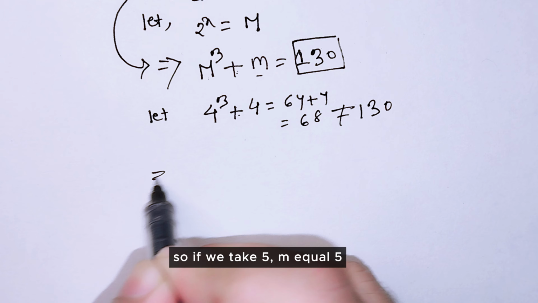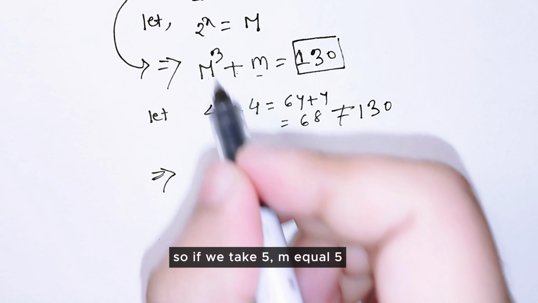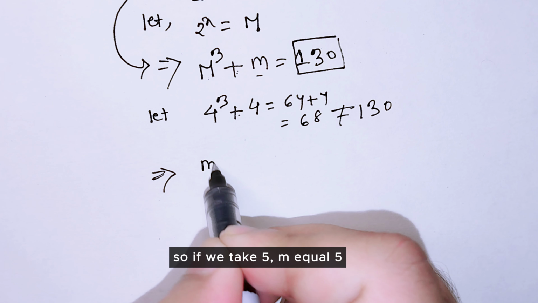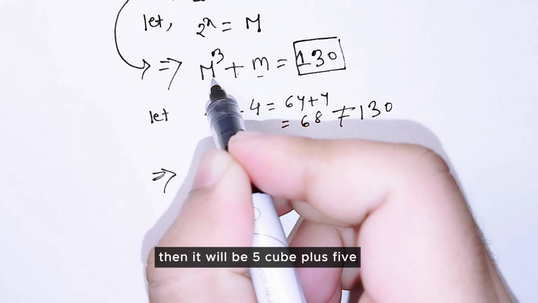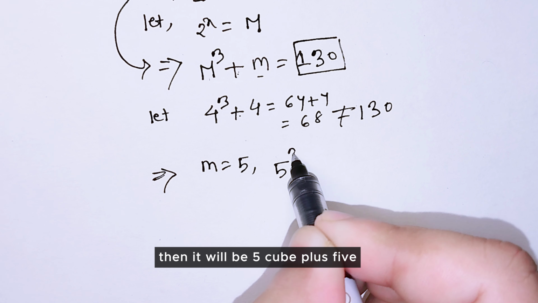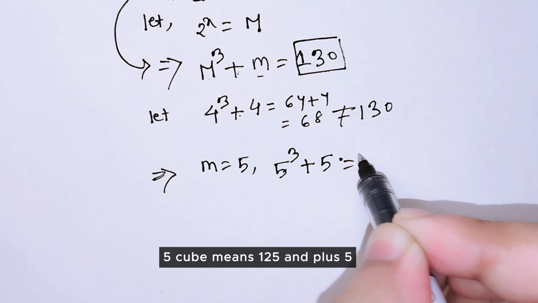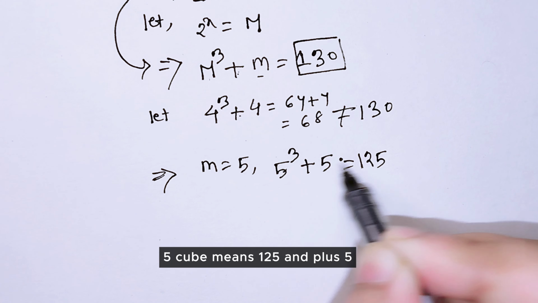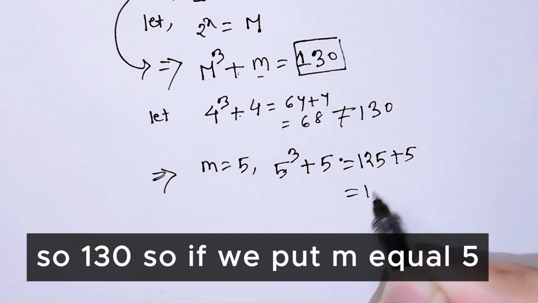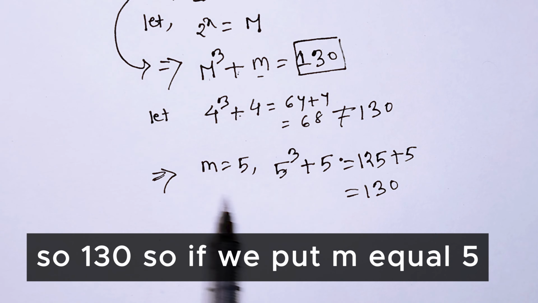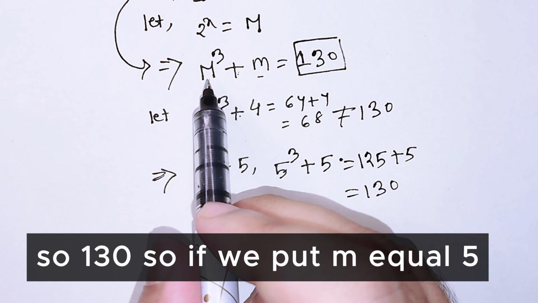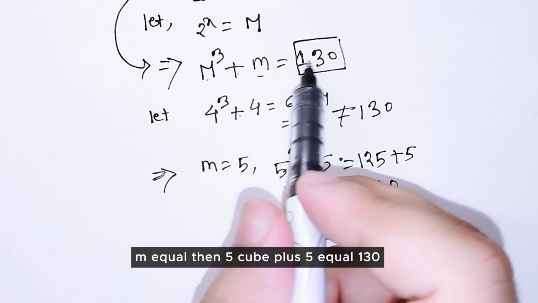So if we take m equal 5, then it will be 5 cube plus 5. 5 cube means 125 plus 5, so 130. So if we put m equal 5, then 5 cube plus 5 equal 130.